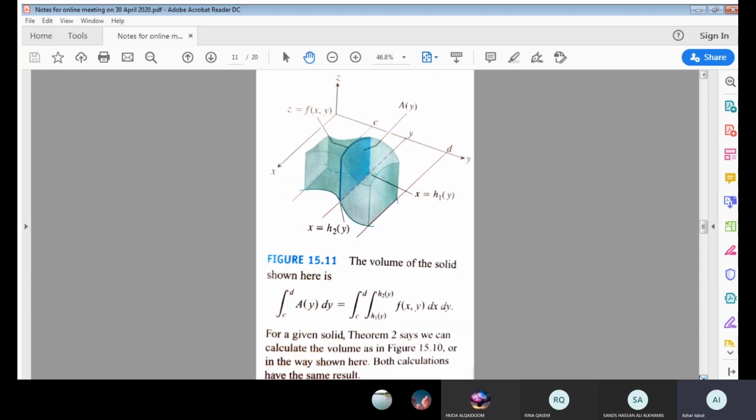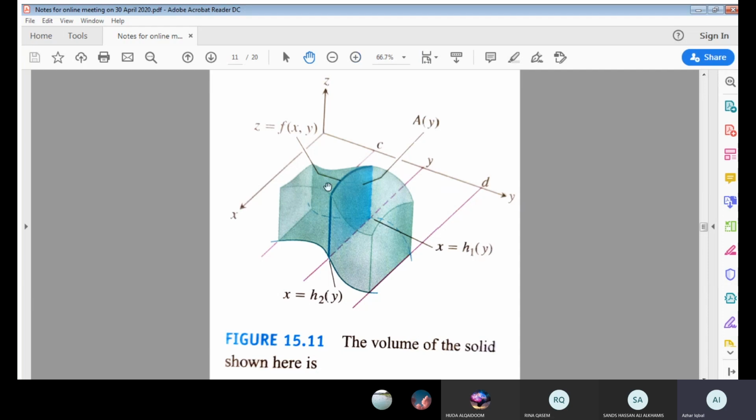So here you see this cross-sectional area, the blue one. For this cross-sectional area, y is fixed at this value.